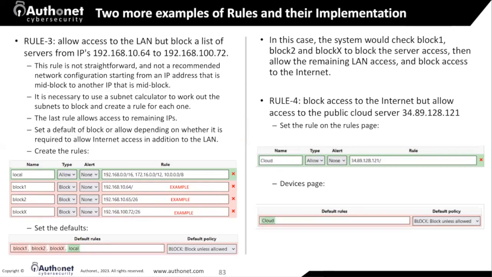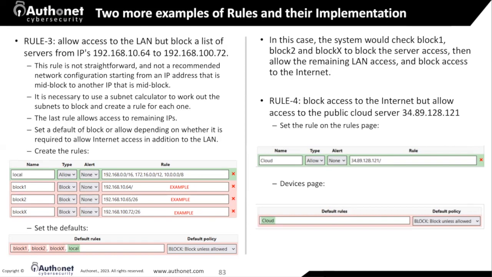Here's some more examples. Rule 3, we're going to allow access to the LAN, but block a list of servers. Now, this is a little bit more complicated because in this case, we're going to need to create 4 rules to block access to all the servers. And so this is illustrated in the diagram.